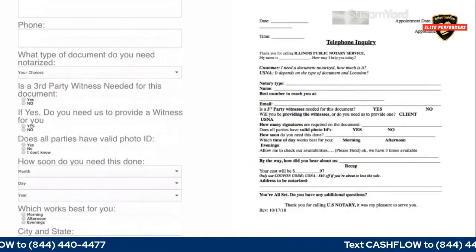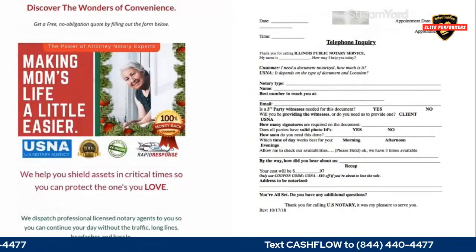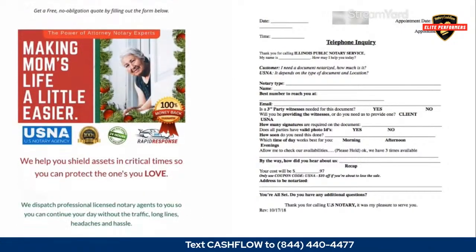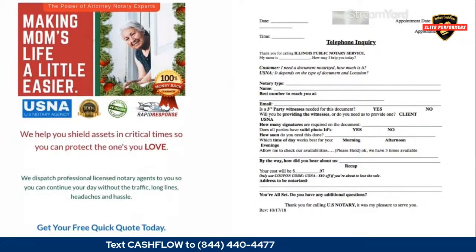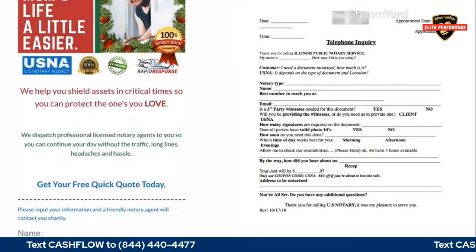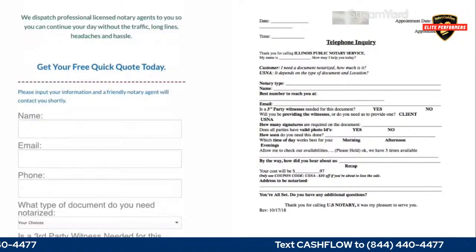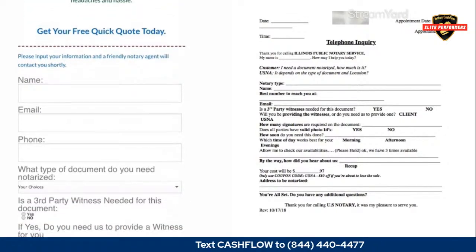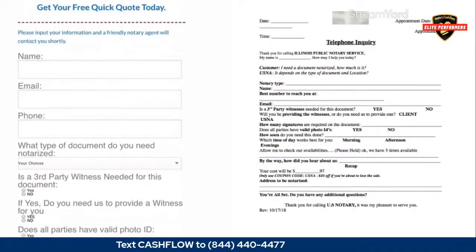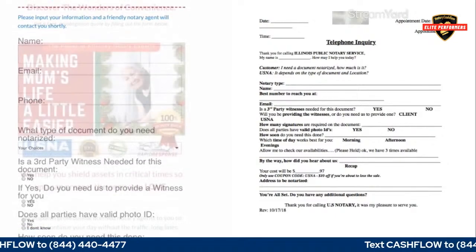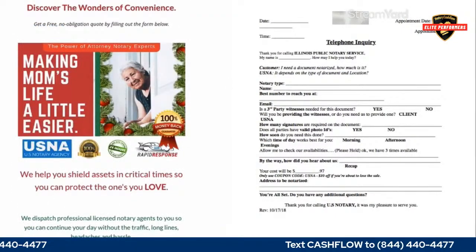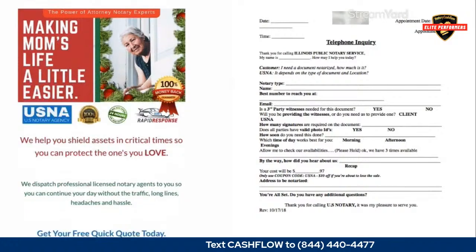So it's automated. I don't have to be there. I don't have to man it. On my website, and I'll show you guys here, if somebody wants to schedule a notary, you'll be able to see that I took that exact call script and put it on the opt-in platform, as you guys can see right here.